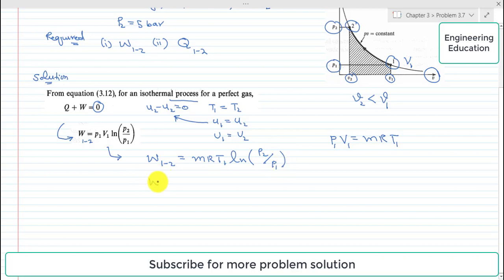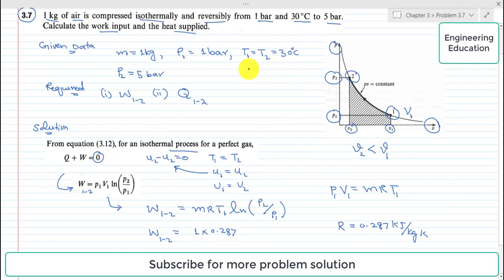So if we put the values in this expression, m is 1 kilogram, the value of R for air is 0.287 kilojoule per kilogram per Kelvin. So we will write this 0.287 into T1. T1 is given, which is 30 degrees centigrade. So converting it to Kelvin, we will add 273 with this. So it will become 303 Kelvin.